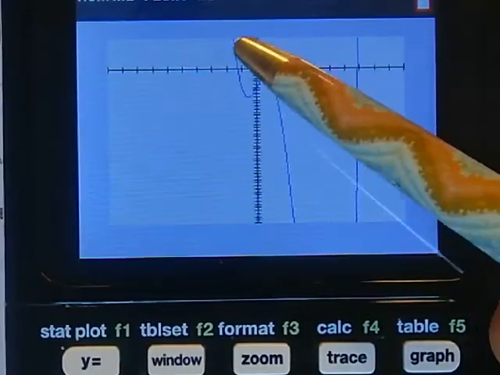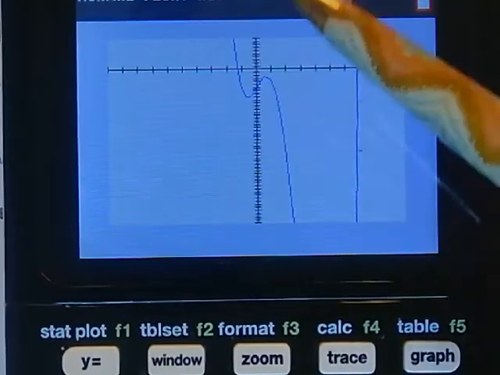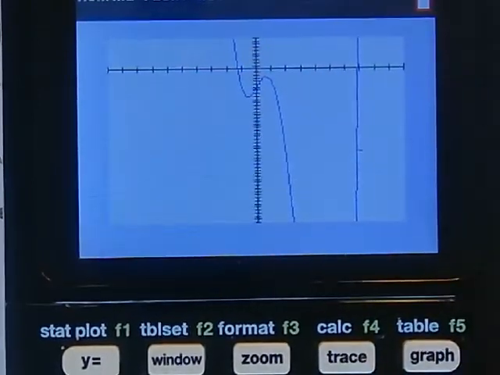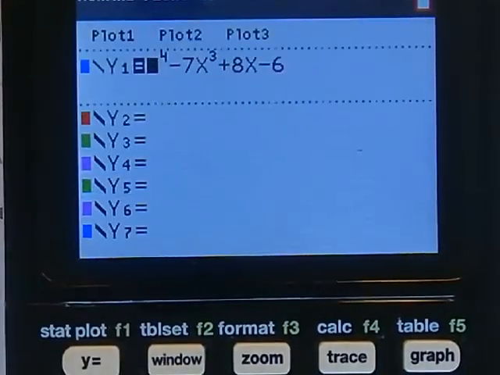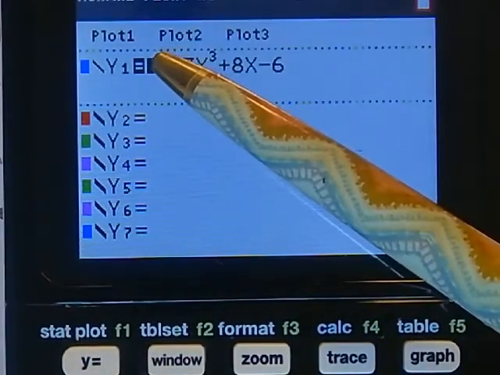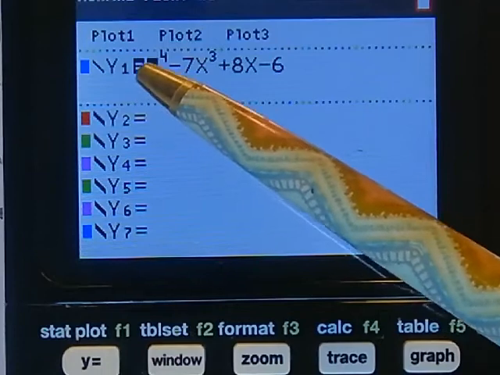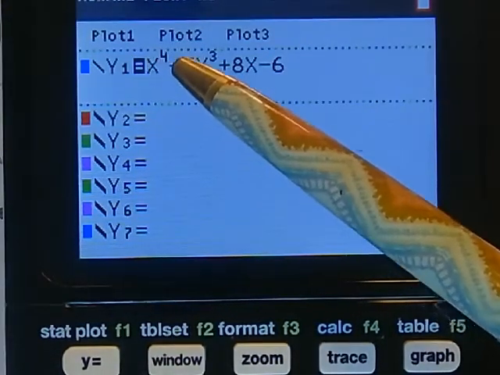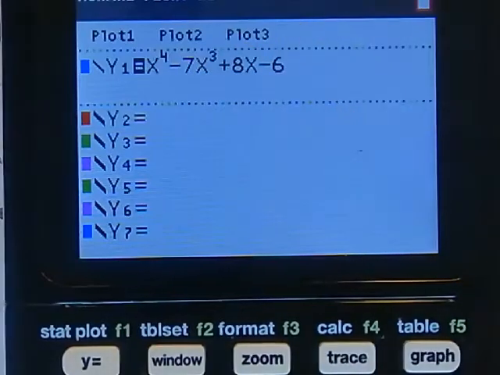That means it was an even function, okay? And because it opened up, they're both going up, this is a positive. And that's what we know to be true looking at this equation here. So x to the fourth, it opened up because it was positive, and it entered and exited in the same hemisphere because it was an even exponent.